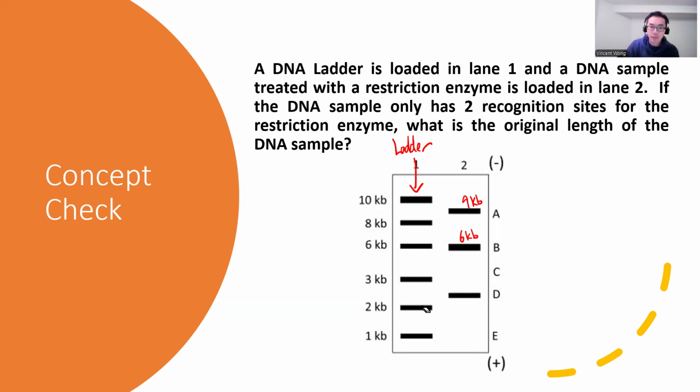And this is between 2 and 3, so that's 2.5 kilobases. If you add them up together, that would be 17.5 kilobase pairs. Sorry, I keep on saying byte, thinking about computers. Kilo base pairs. Okay, so that's how you use the ladder. You can use it as a reference to compare your DNA sample with.